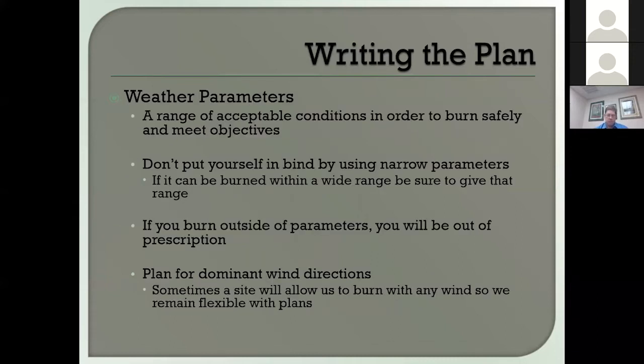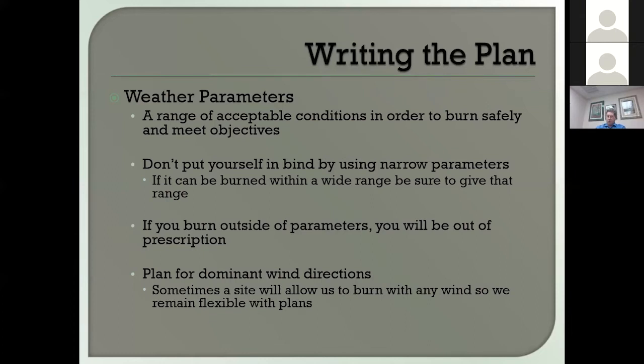But some of the things that require a little bit more thought are your weather parameters. For example, the thing about weather parameters is that you want to have a range of acceptable conditions to burn safely, but you also want to meet your objectives. So if you're trying to kill cedar trees and you're trying to burn with 60% humidity, well, it's probably not going to do a very good job of killing your cedar trees.